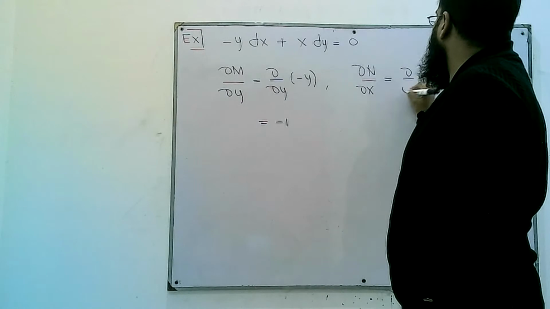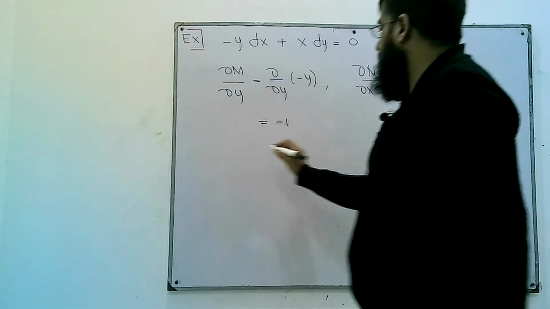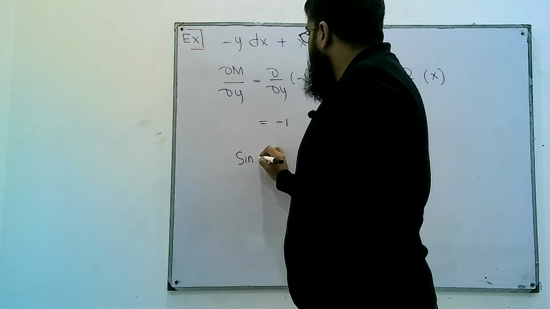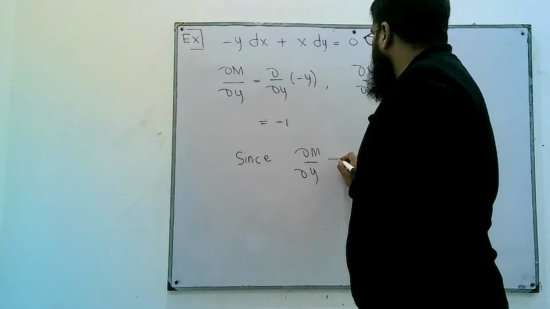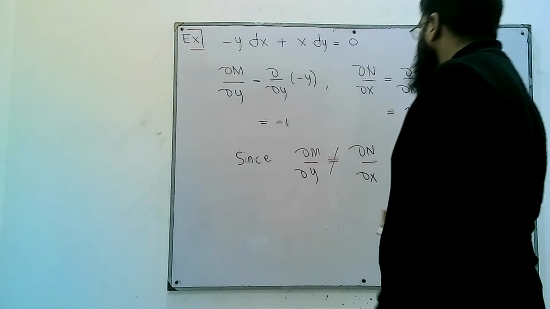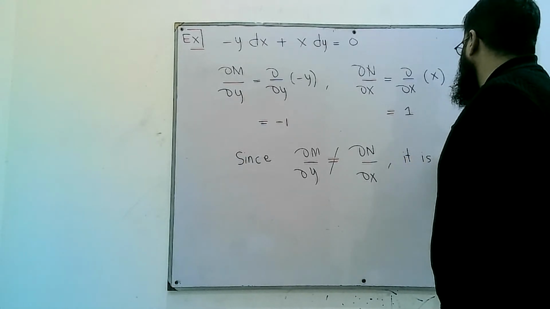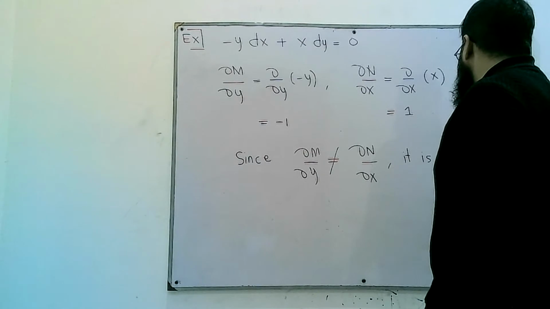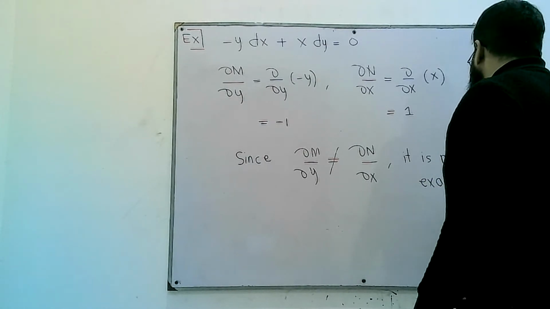This is partial over partial x of x. It comes out to be 1. So since partial M over partial y isn't equal to partial N over partial x, this means it is not an exact type of ODE.